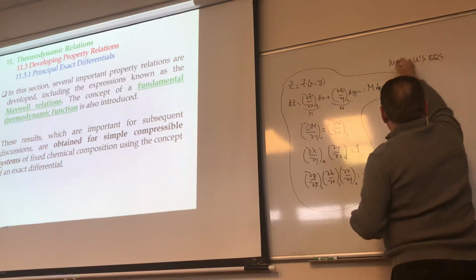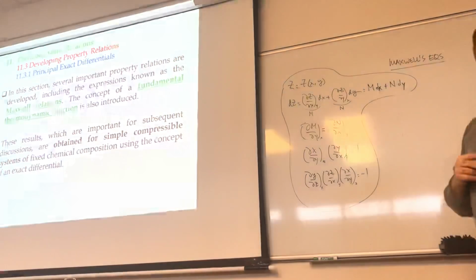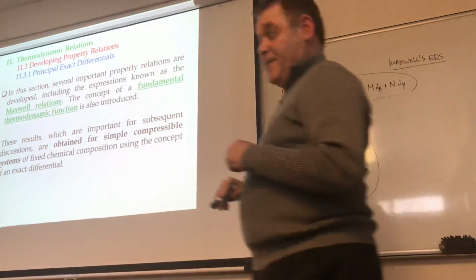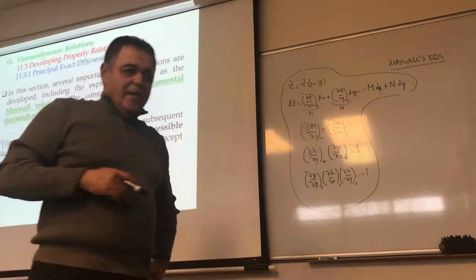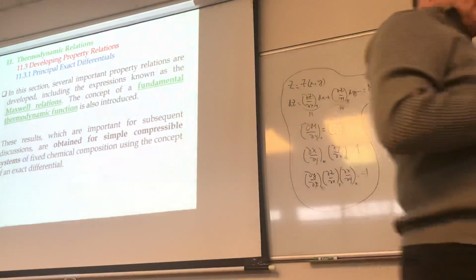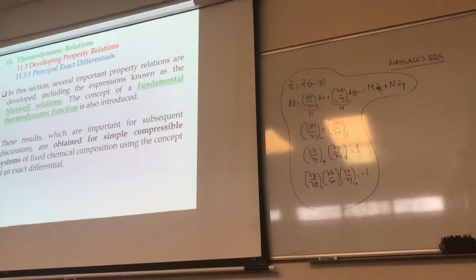Not the electrical Maxwell's equations, not Gauss's law and all that kind of good stuff in electricity. These are Maxwell's equations in thermodynamics. So he had his hand both in electrical stuff and thermal stuff. So in this section, several important property relations are developed, including the expressions known as Maxwell's relations and the concept of a fundamental thermodynamic function.